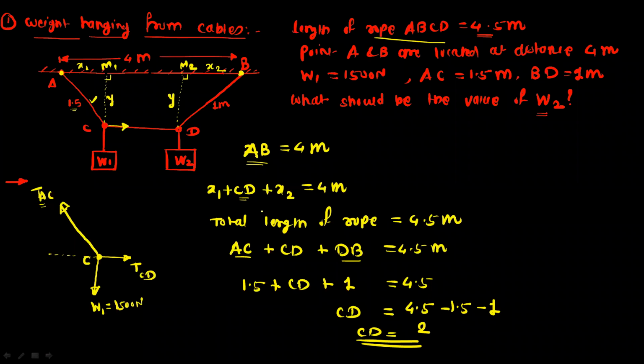Now we can put this value of CD in this equation. So we will get x1 plus x2 equal to 4 minus CD, which is equal to 2 meter. This is our first equation. So we have got one relation for x1 and x2: x1 plus x2 is equal to 2 meter.